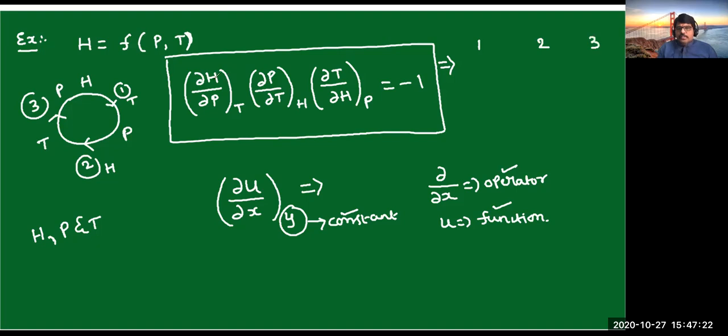Here F stands for function, O is operator, and C is a constant, right?